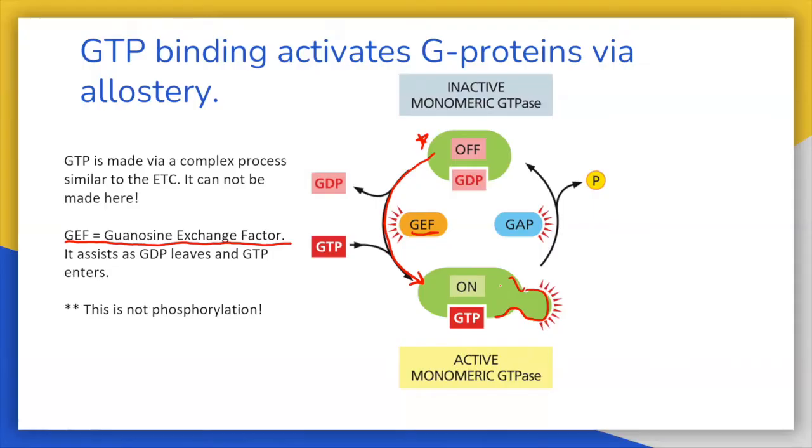That on protein can be turned off through hydrolysis. So creating GTP is a positive delta G high energy reaction. The hydrolysis of GTP is negative delta G. It's spontaneous. You don't have to add any energy to do it. And so when we go from the on to the off state, we use this protein, the GAP protein.